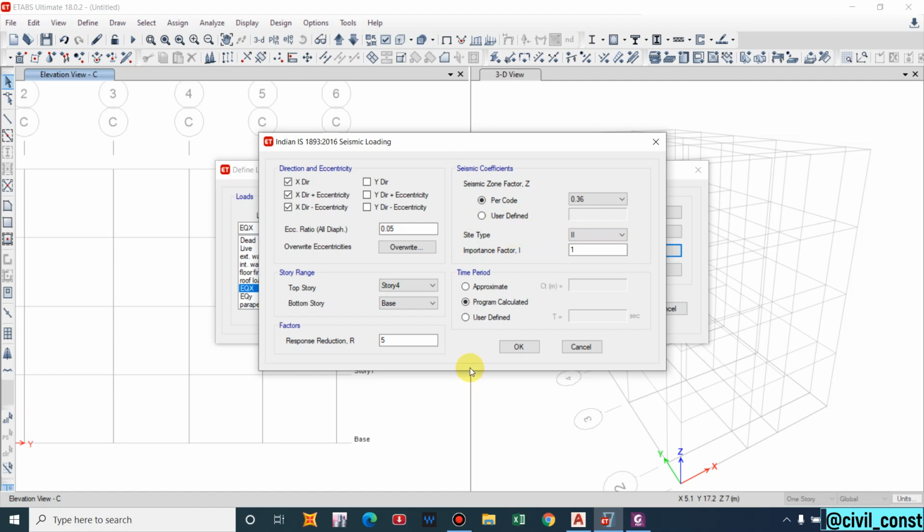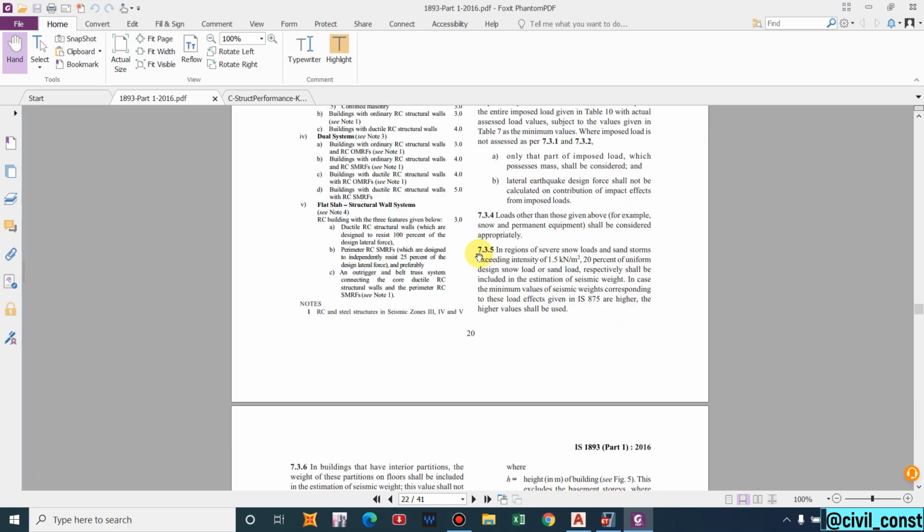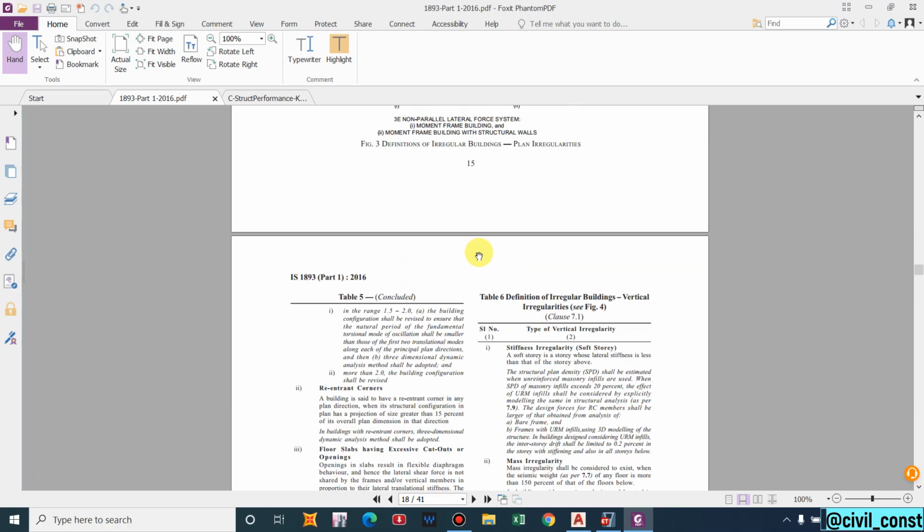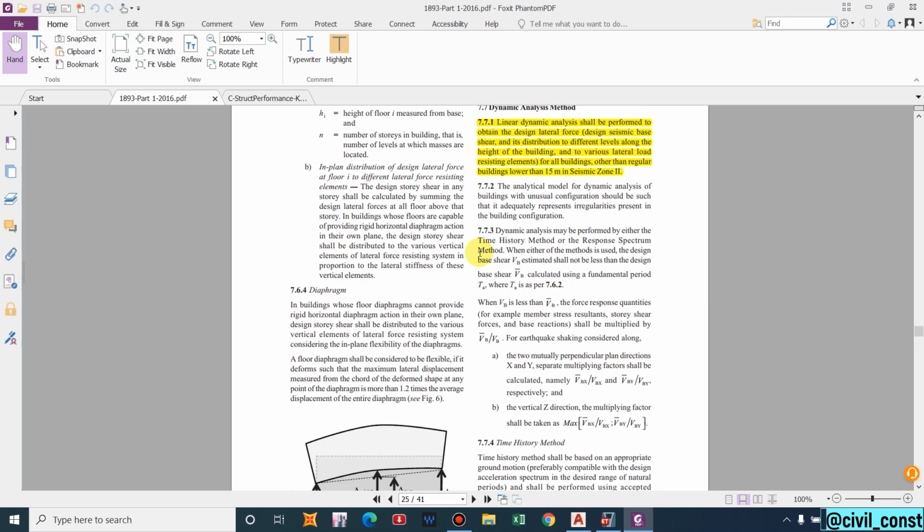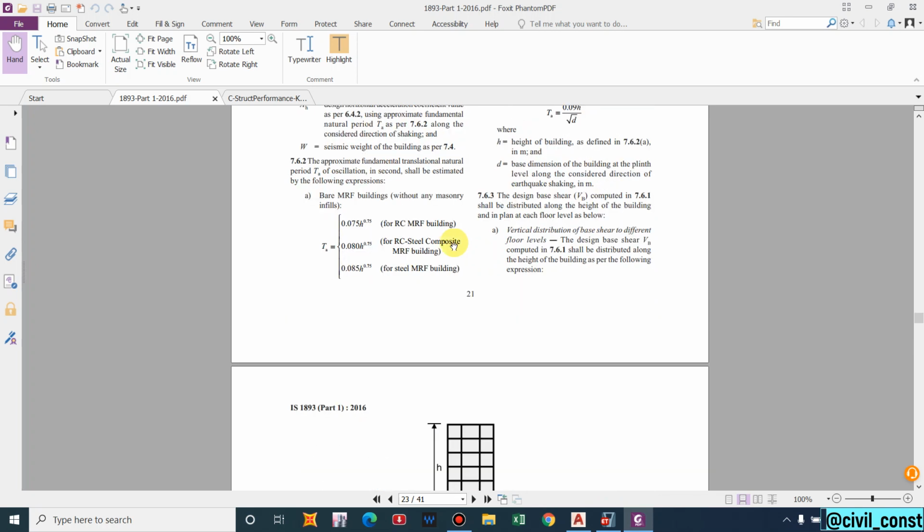And for time period, here we have 3 options: approximate, program calculated, and user defined. Program calculated is the default, where the program calculates the time period. Approximate will take the constant 0.075. This is also from the code. Let me show you. It is in clause 7.6.2: the approximate fundamental natural time period is taken for bare MRF buildings, that is without any masonry infills.